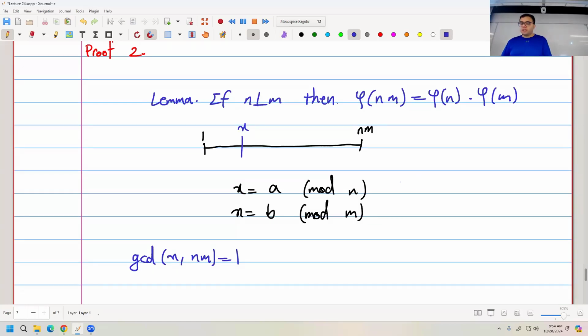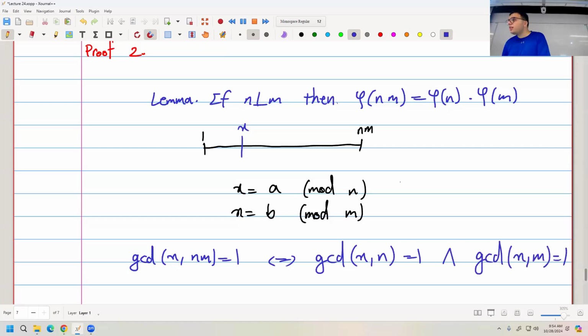GCD of x and nm is 1 if and only if GCD of x and n is 1 and GCD of x and m is 1. To see this, just look at the prime factorization again. When I say GCD of x and nm is 1, that just means that x and nm don't share any prime factors. But that's the same as saying x doesn't have any shared prime factors with n, and x also doesn't have any shared prime factors with m.